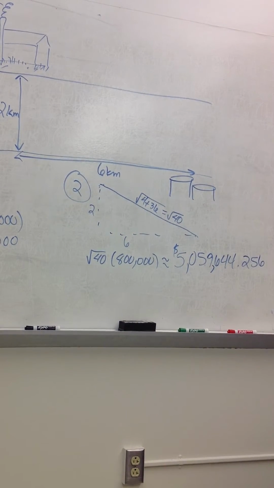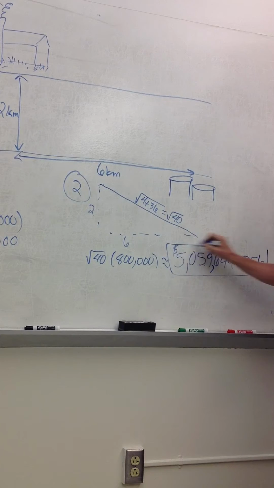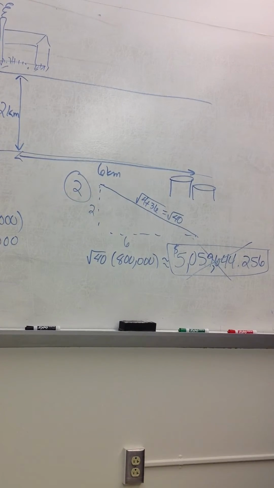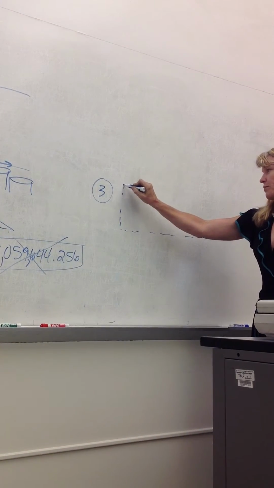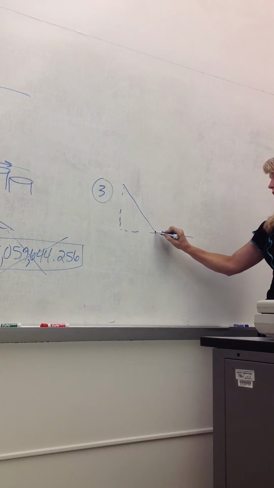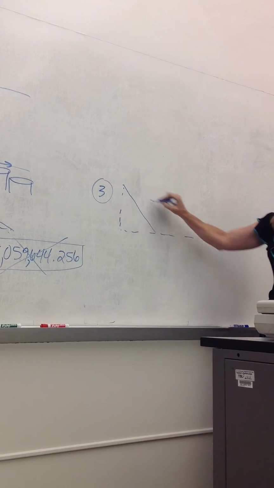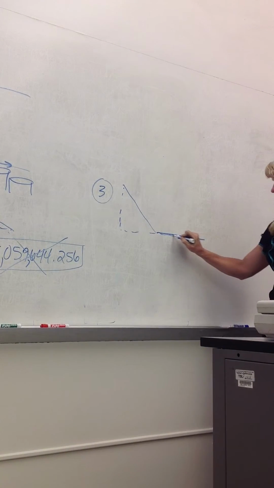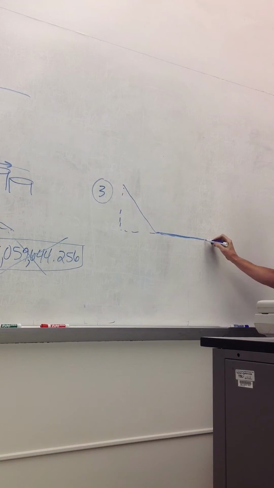Okay, so option number 2 is more expensive, so we know we're not going to do that option. Okay, then option number 3 is somewhere in the middle. And what you do with option number 3 is you go across the water at a diagonal, but not necessarily a complete diagonal, and then you go the rest of the way on the land.